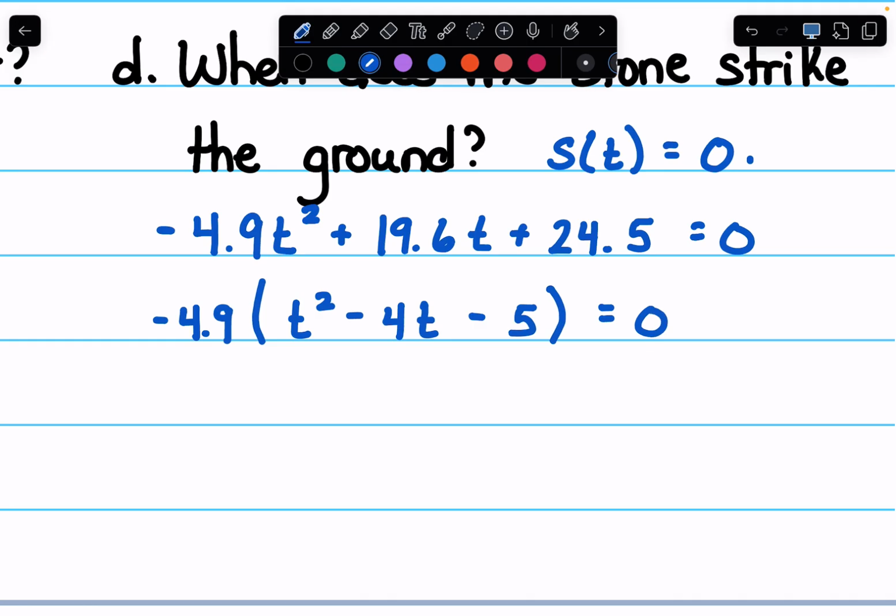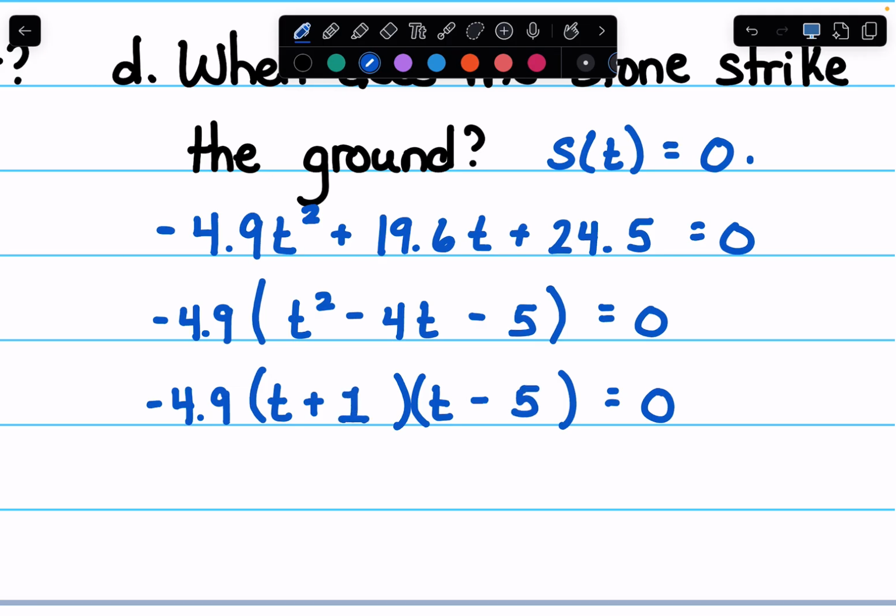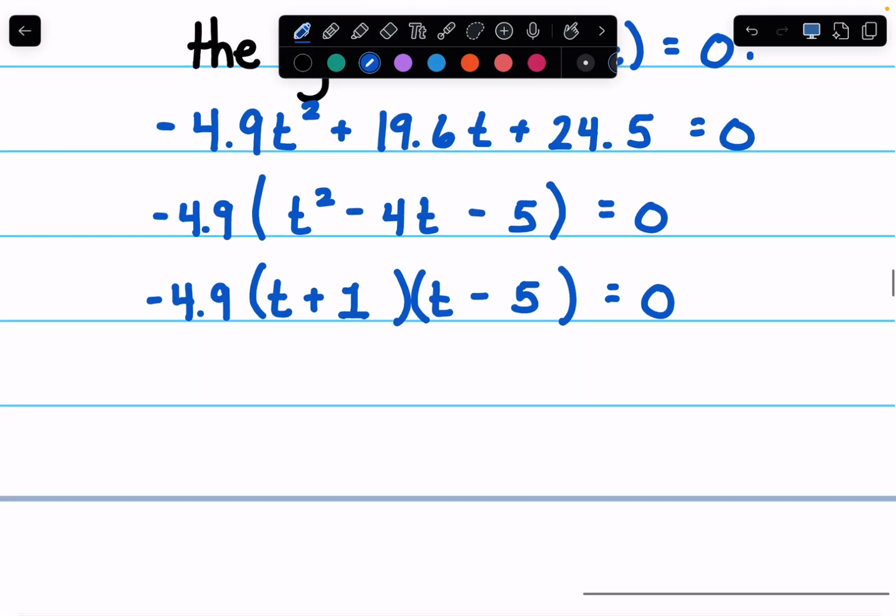And then I can factor that on the inside. Different signs, 5 and 1, right? Yes? And then set them equal to 0.